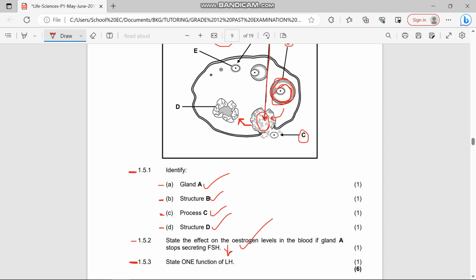But the most favorable one, which I advise you to always use and keep in your mind, because it's much easier and important, is that luteinizing hormone stimulates the ovulation. That's very correct. That's how it goes, guys.